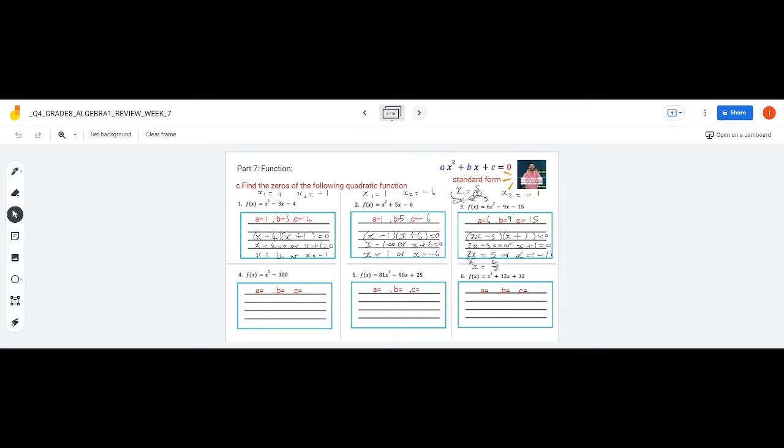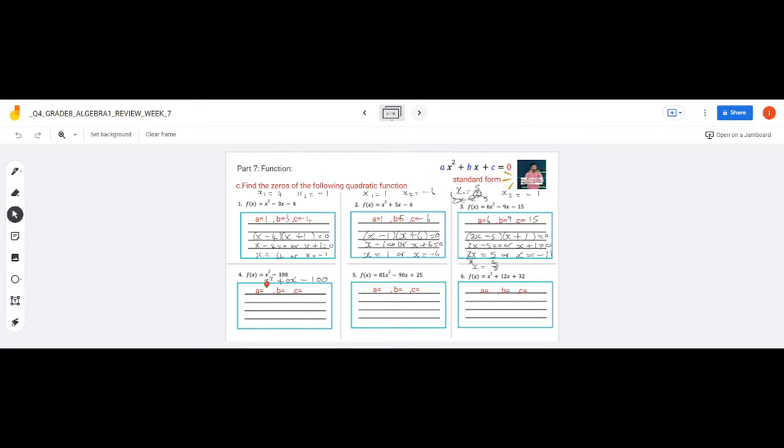Now for number 4, I just want you to pay attention here quickly. So for number 4, we have x squared. We don't have a b, but what we can do is we can do this trick: plus 0x for our b and minus 100. It's exactly the same as this one. All right, so now it makes it much easier for us to identify our a, b's, and c's.